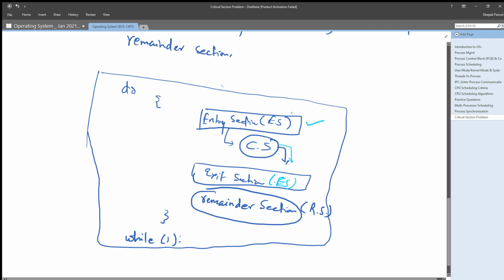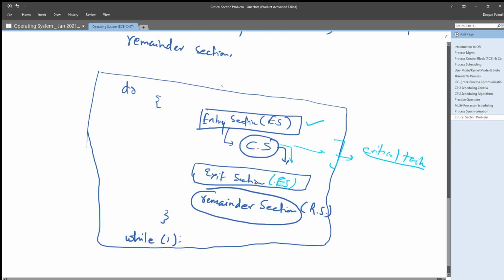Whatever critical task it is doing will come under the critical section, right? At this point the process will be doing some critical task, like writing a file or updating something, right?